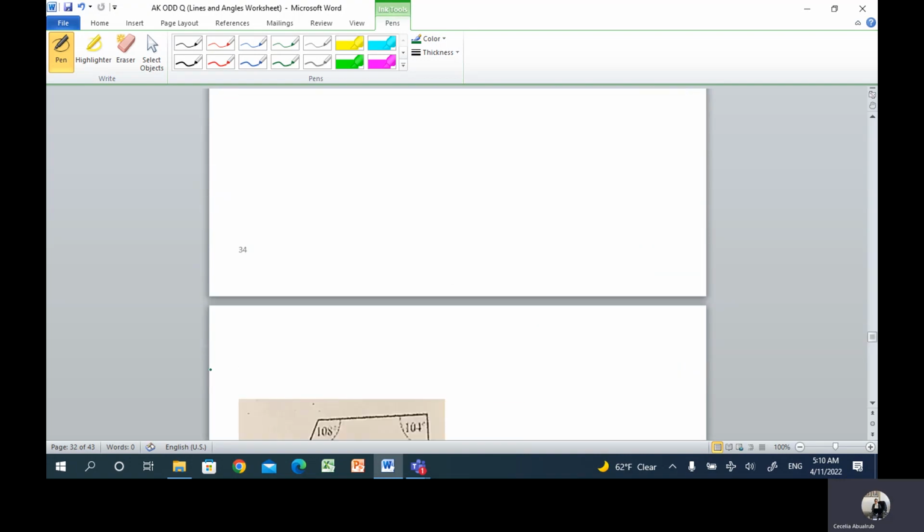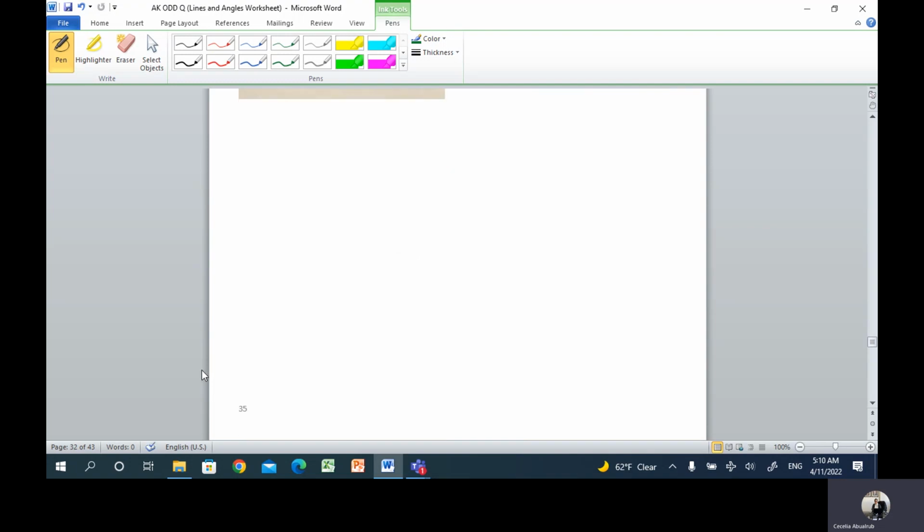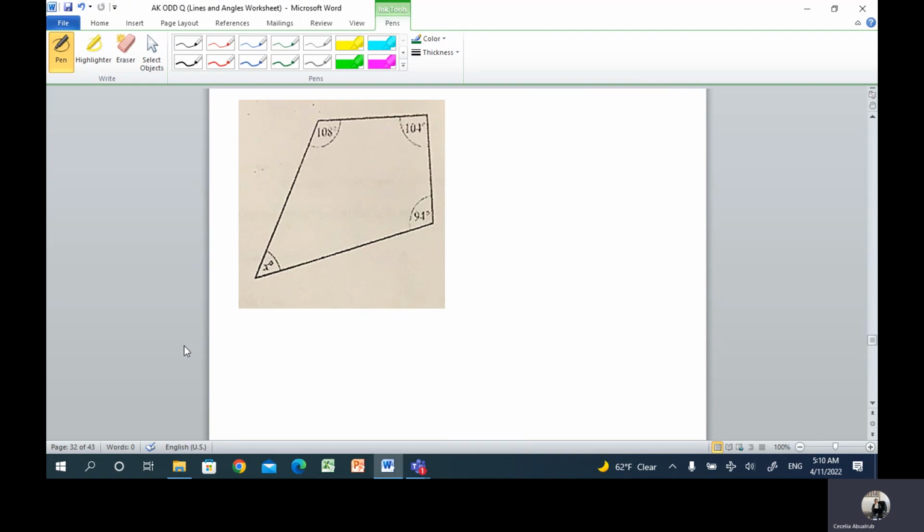We're going to skip 34 and move to 35 here. So as you can see, X is the unknown and it is a polygon. And we said that the sum of interior angles in a polygon is equal to number of sides minus 2 times 180. The interior angles, let's start with the unknown.